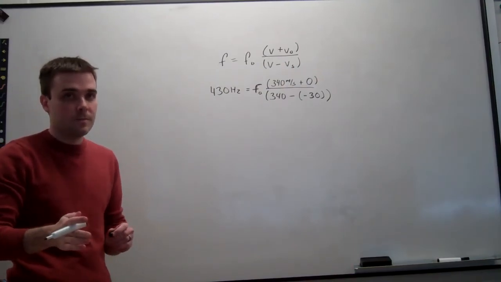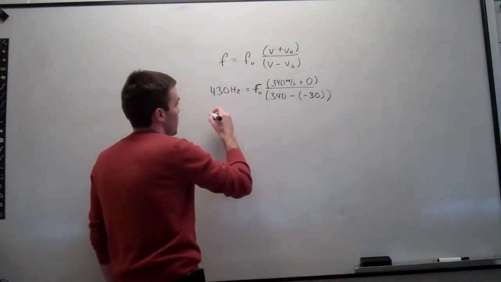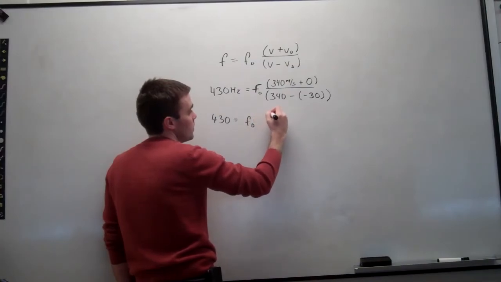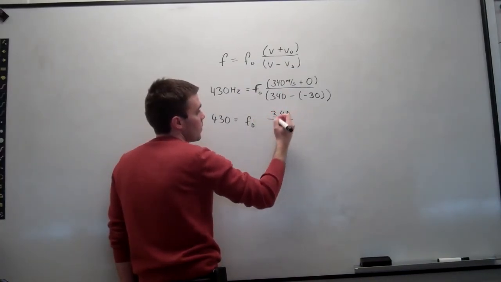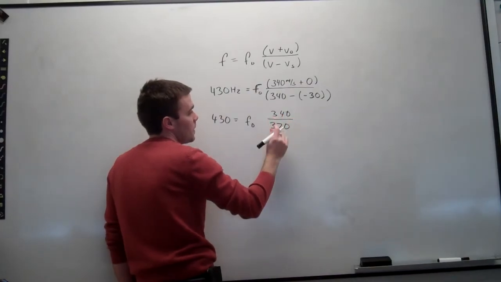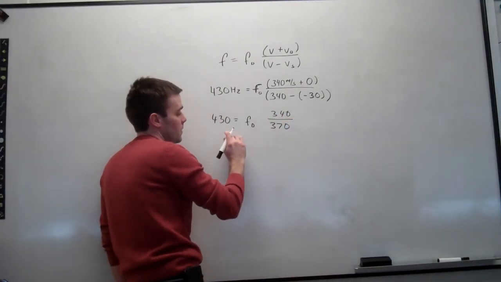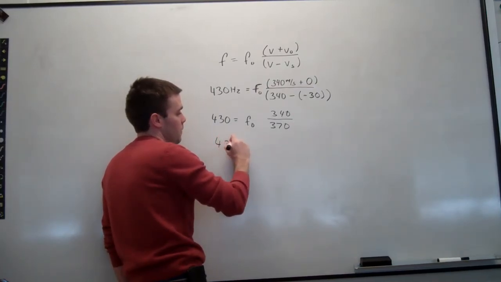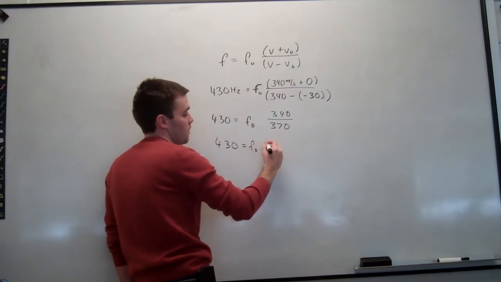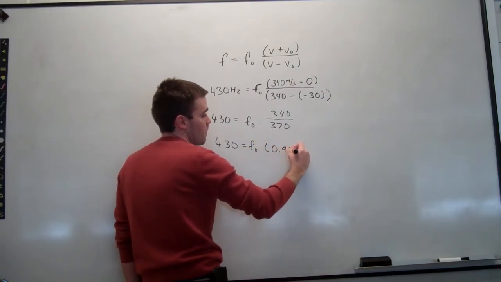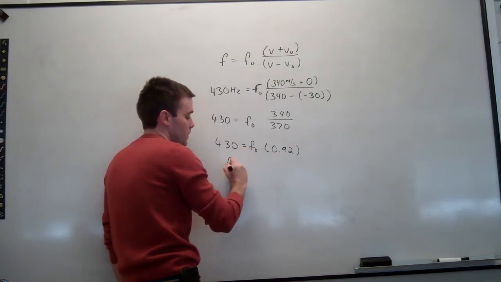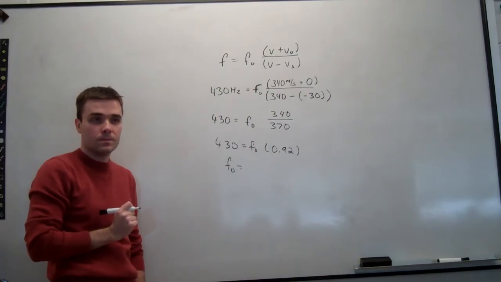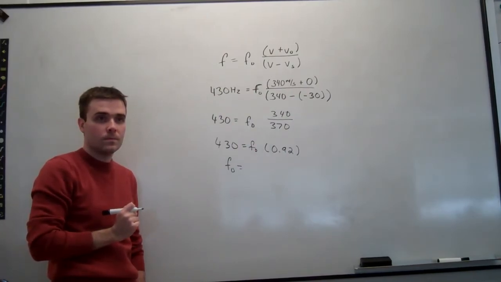So we end up with 430 equals f_o times 340 over 370. 340 over 370 is 0.92. So f_o is going to equal 430 divided by 0.92, which is 467.